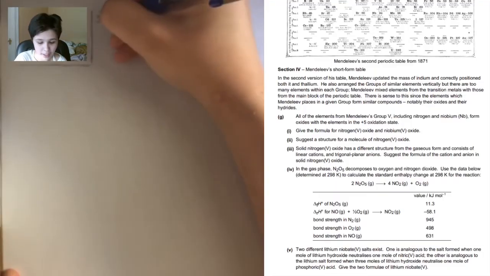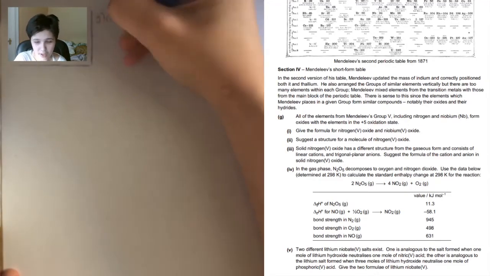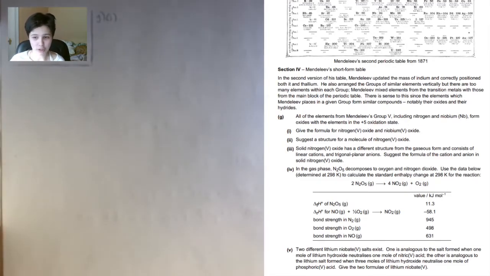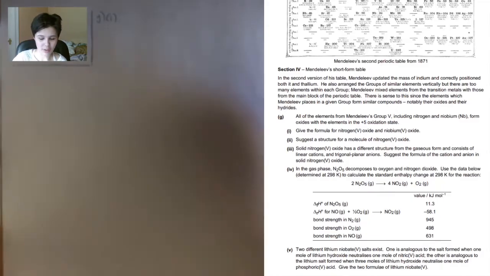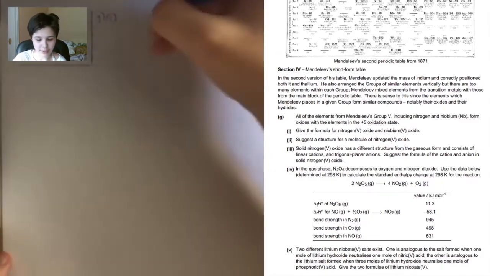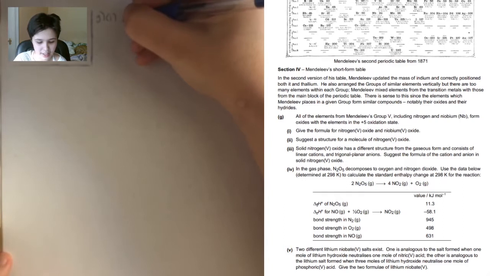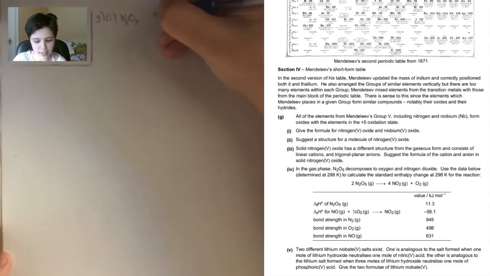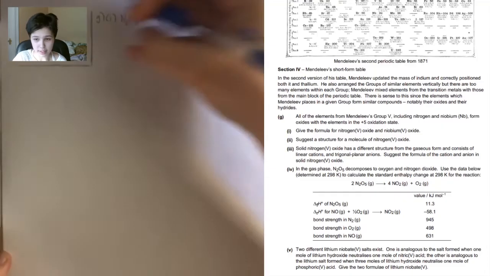For G, part 1, that's just averaging out nitrogen oxide and niobium oxide. If you want them to have a +5 state, then there's going to be an N2O5 that gives a +5 average state, and then Nb2O5 does the same thing.